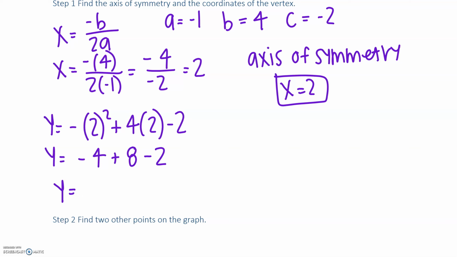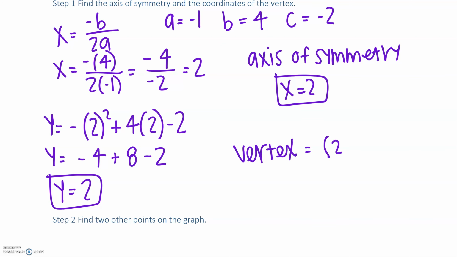So our y is going to be negative 4 plus 8, which is a positive 4, minus 2, which is just 2. So our vertex should be (2, 2).